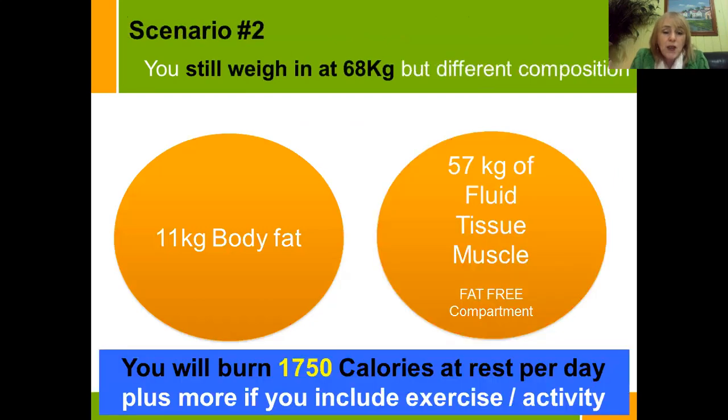So this time, you will burn 1,750 calories at rest per day, plus more if you include exercise and activity. So you can see, by decreasing the body fat compartment and increasing your fluid, your tissue, and your muscle, you will burn a lot more calories, 1,750 calories per day. That's at rest, not including exercise.